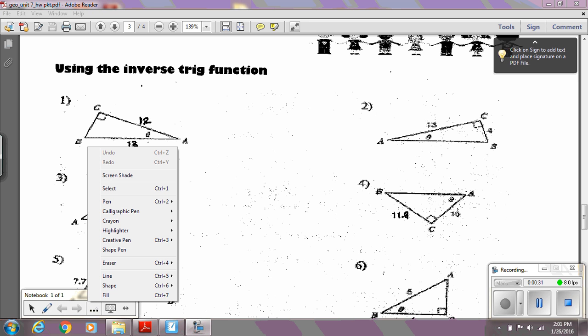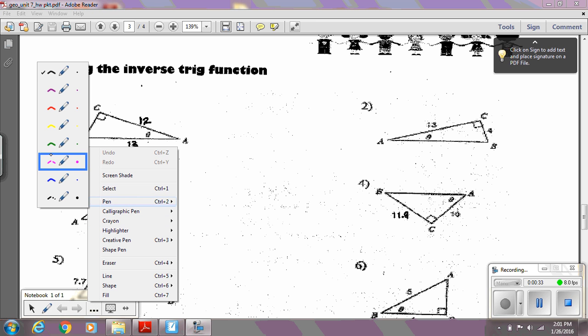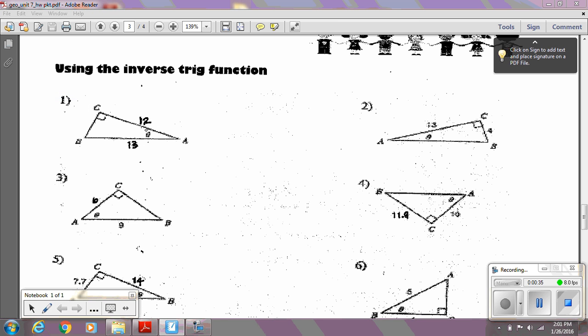So, let me get my pen. Here's my reference angle, theta. And according to where theta is located, side 12 is the adjacent side. And side 13, since it's across from the right angle, is your hypotenuse.